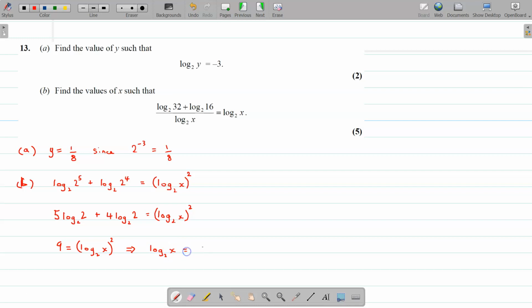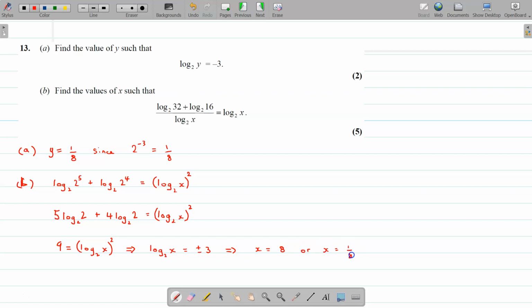And that is where part A comes in, because we've already looked at that, and we know from that x can either be, let's just put it in two stages, which implies that x equals 8 or x equals 1/8.